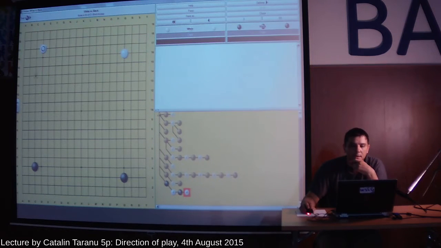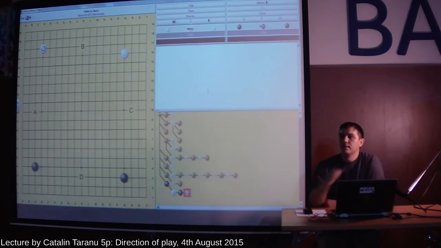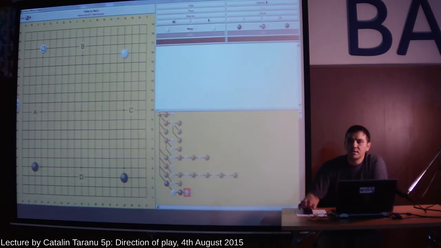So we already have a Fuseki, and in Fuseki, at the 5th move, we have to decide between 4 large areas on the board, A, B, C, and D. This is a test that you should get used to doing all the time in Fuseki. You will have 4 areas that in the beginning are very large, and the more the Fuseki advances, those areas are getting smaller, but still you will have to decide between those 4 sides, which is the biggest.